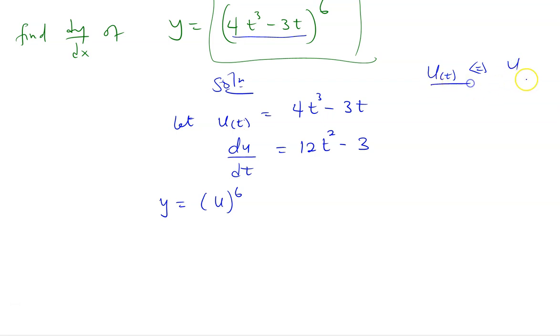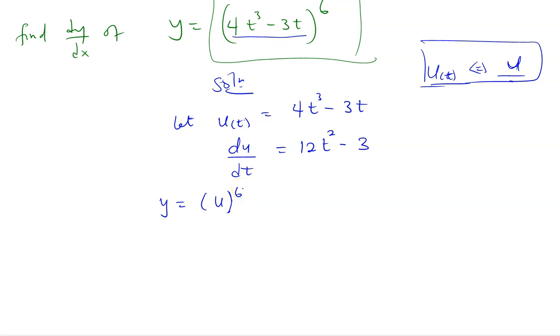It's u, the same thing, so don't be confused with this. The reason I don't bring the t here is because I don't want to end up confusing you. Else you become confused and at the end you will find it difficult. So the u of t and the u are the same thing. Take note of it. So y is equal to u exponent 6.